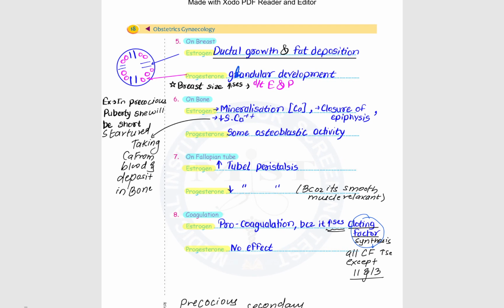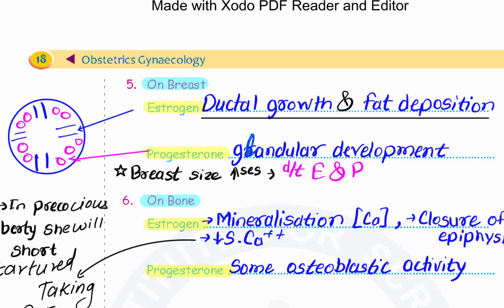Now action on breast. Estrogen causes ductal growth and fat deposition. Progesterone causes glandular development. How do we remember this? If you remember, vesicles, glands, all of this secretory thing was the function of progesterone. So glandular development is progesterone. Ductal growth, the number of cells increasing, duct growing, fat depositing, all of these are functions of estrogen.